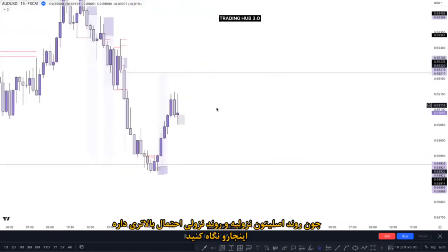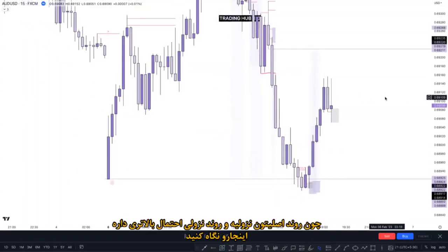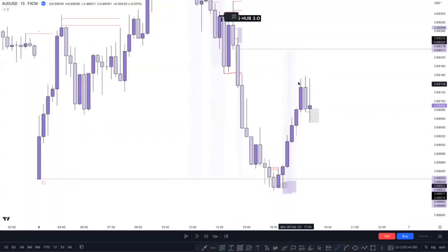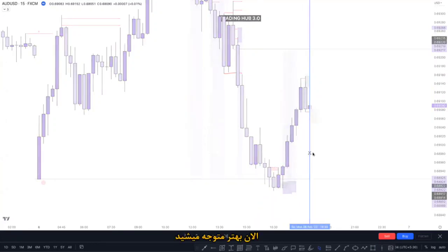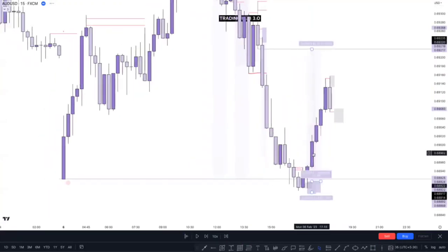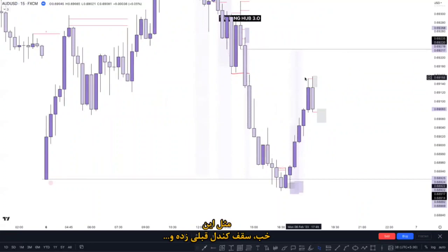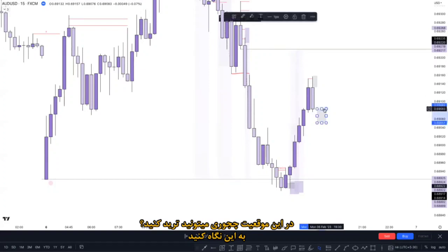If you look at this picture here, the previous candle high was taken out here. Now you can understand better. The previous candle high was taken out, then how can you deal in this situation?